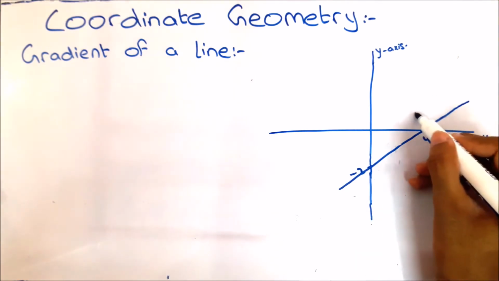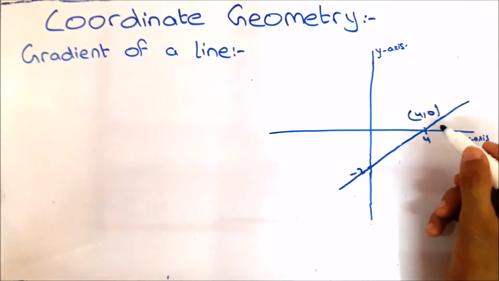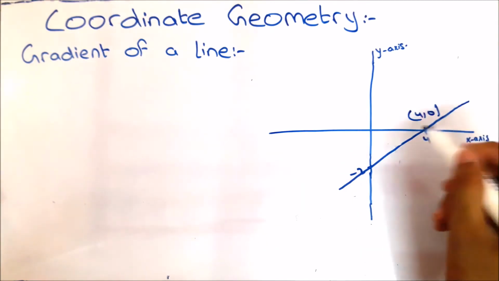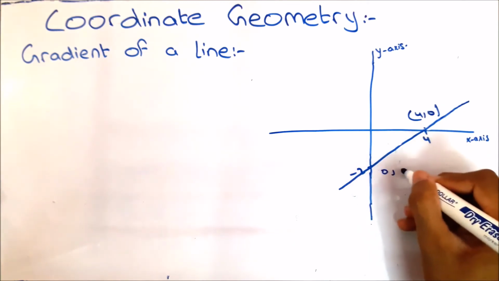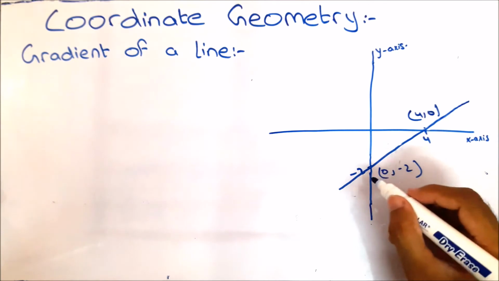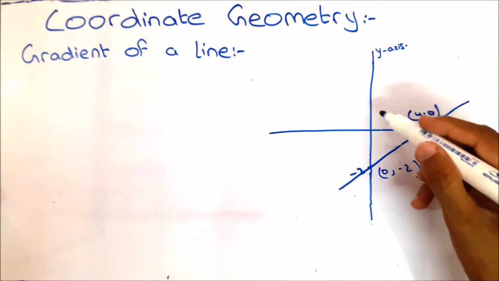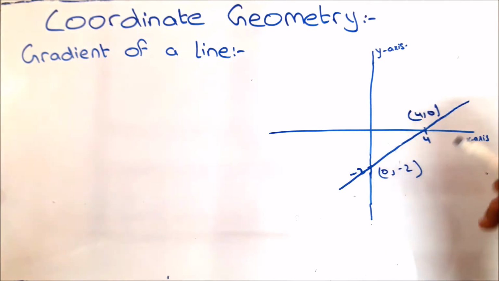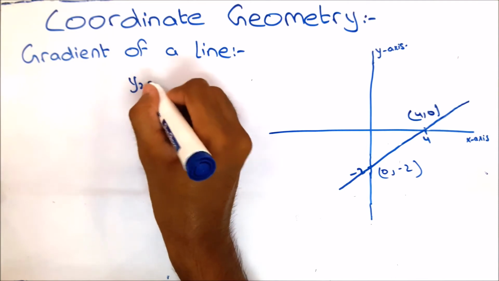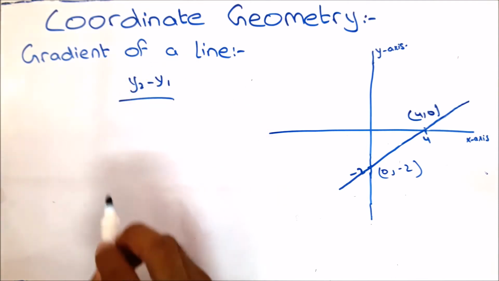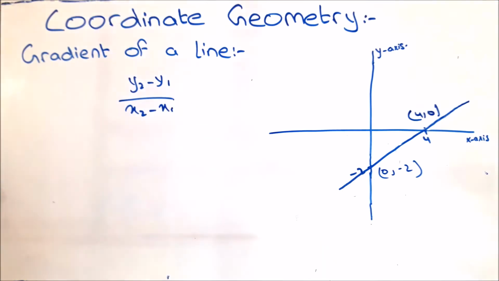One coordinate is 4, 0, because the x coordinate is 4 and the y coordinate is 0. Over here the coordinate is 0, minus 2, because our horizontal displacement is 0 and vertically we have displaced minus 2 units downwards. The gradient formula is y2 minus y1 divided by x2 minus x1.